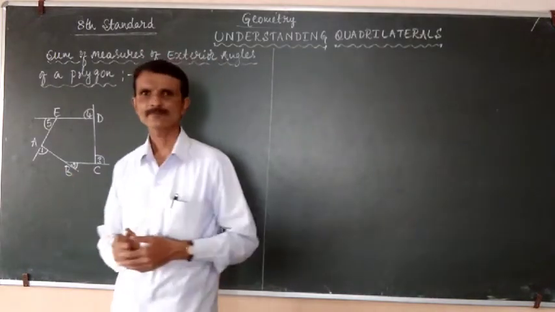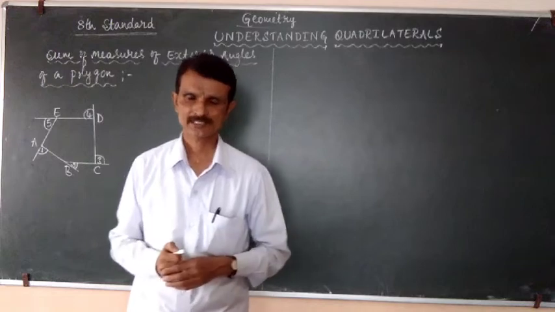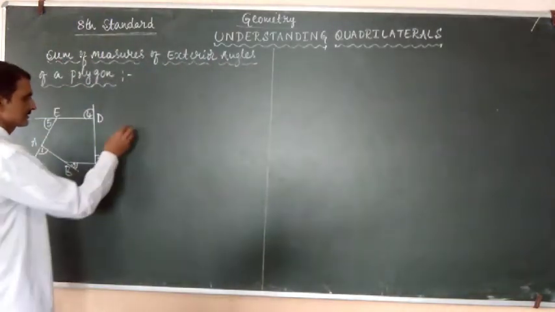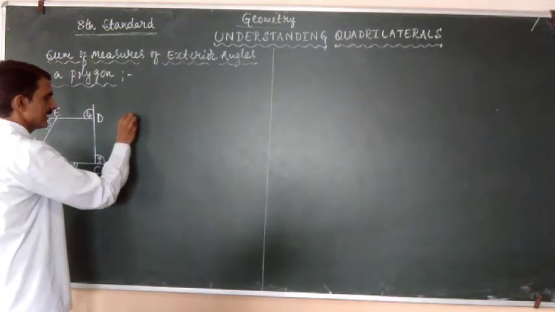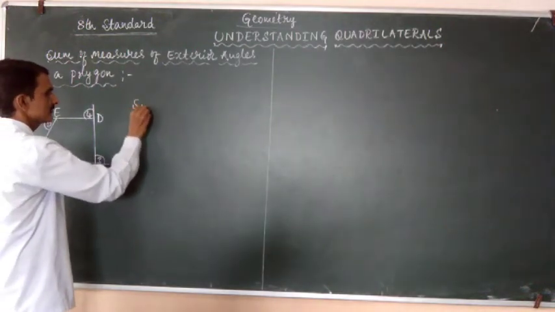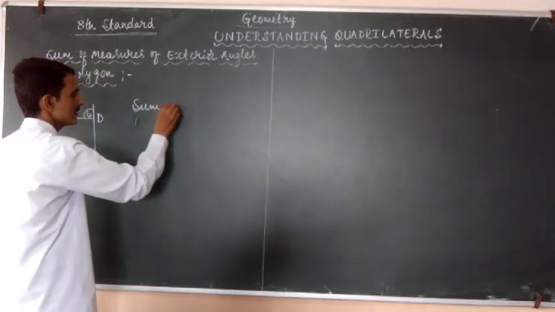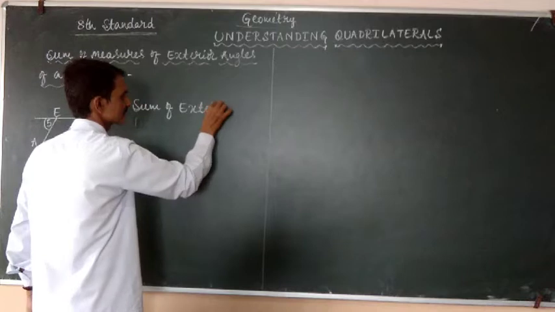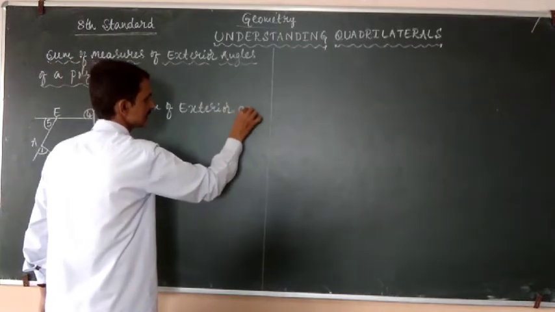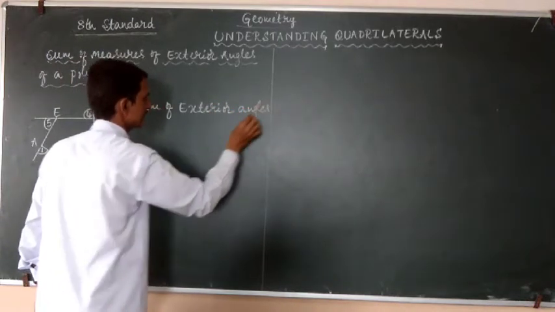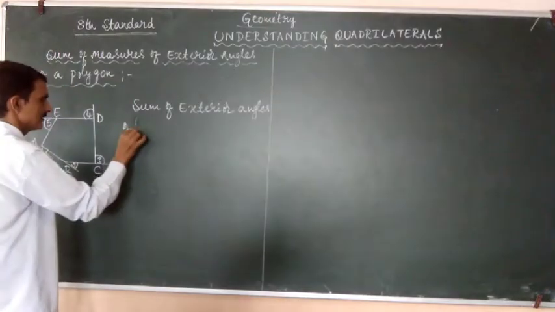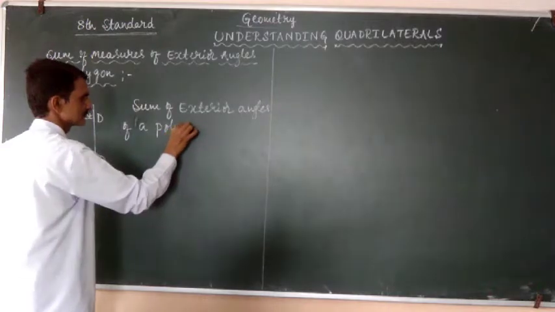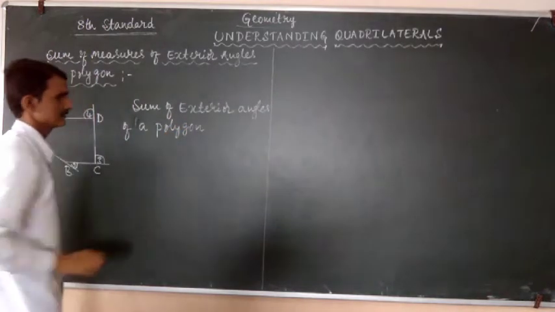You can measure yourself. So we can write the sum of exterior angles of a polygon.